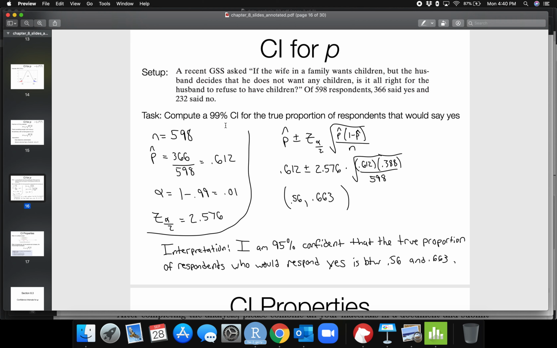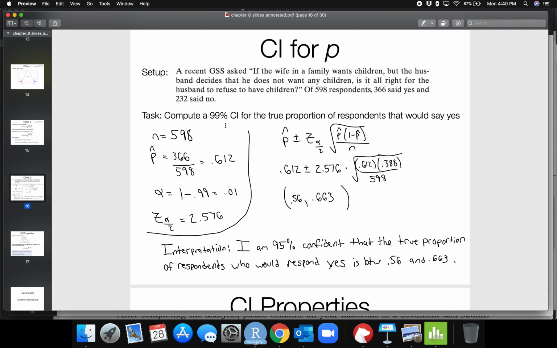Two of them are clear from this setup. The first and the easiest is that there are 598 respondents, so that's n. I'm looking for the proportion of respondents who would say yes, and that proportion is 366 divided by 598, which is 0.612.